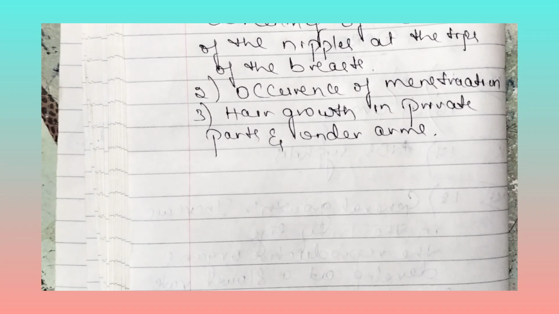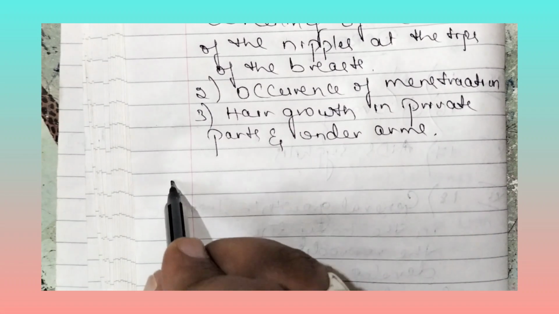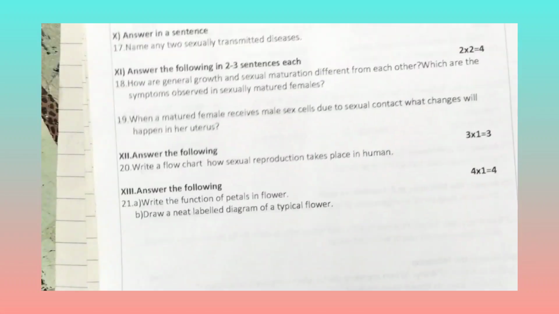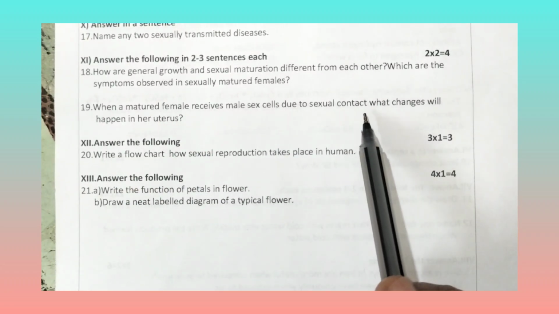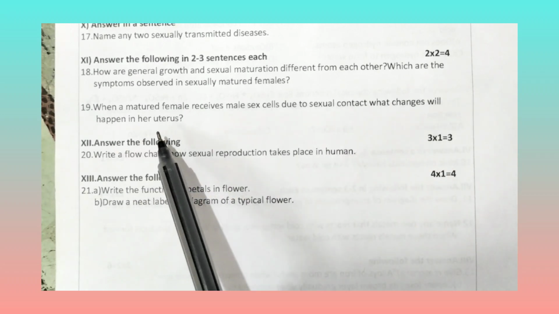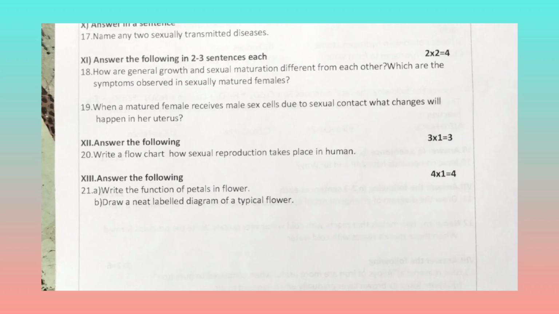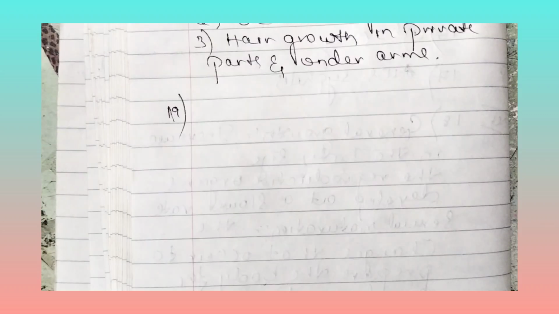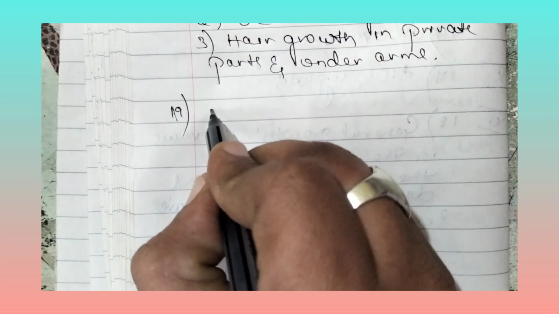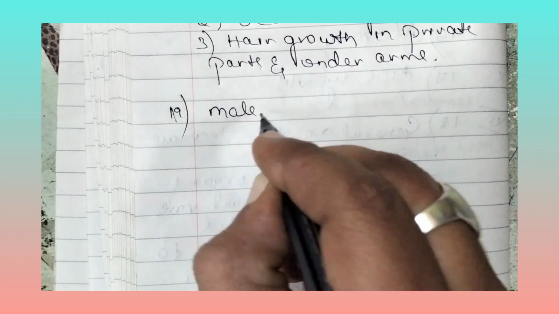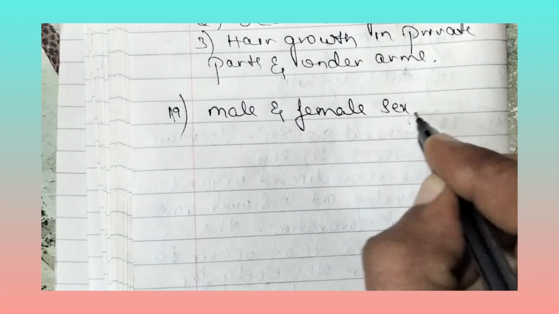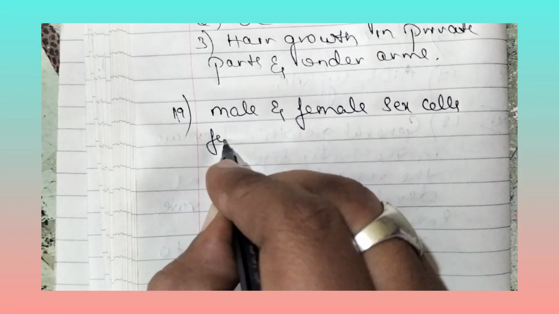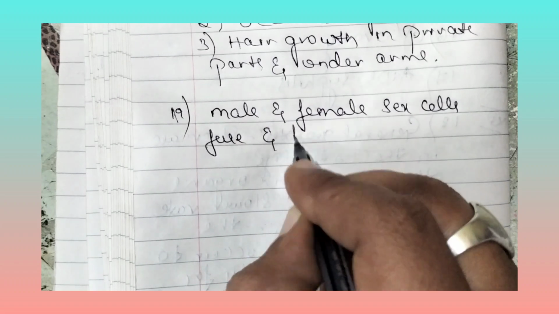Now let us move to question number 19. In the question number 19 they have given, when a matured female receives male sex cells due to sexual contact, what changes will happen in the uterus? So now let us answer this question. When a female receives male sex cells, what happens? So male and female sex cells fuse and form a zygote.